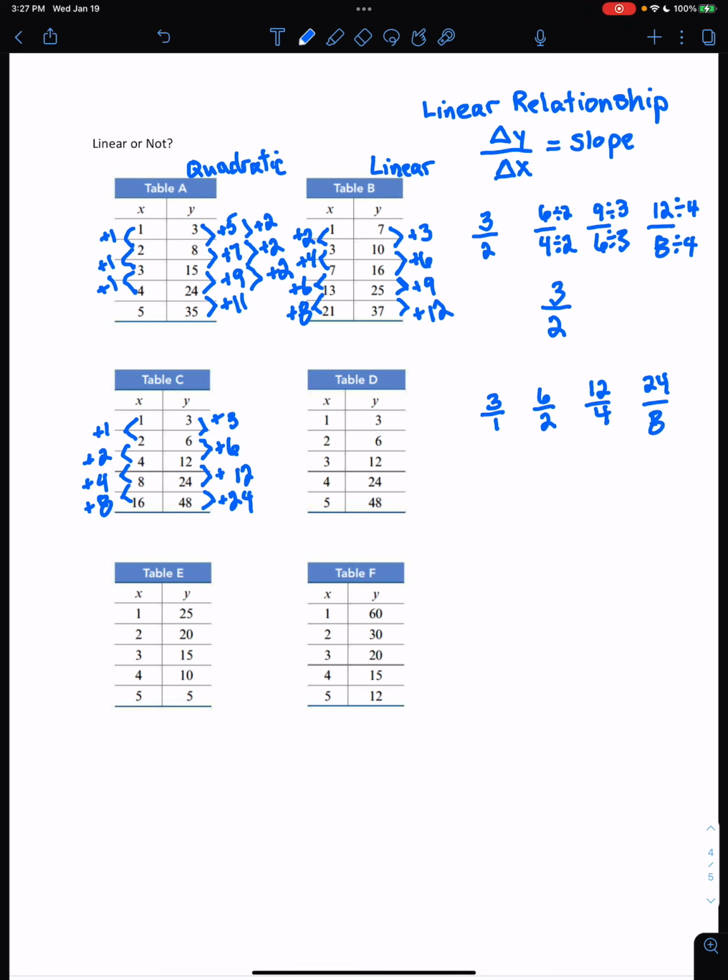And what I notice again is we have some equivalent fractions. So we can divide the top and bottom by the same number.